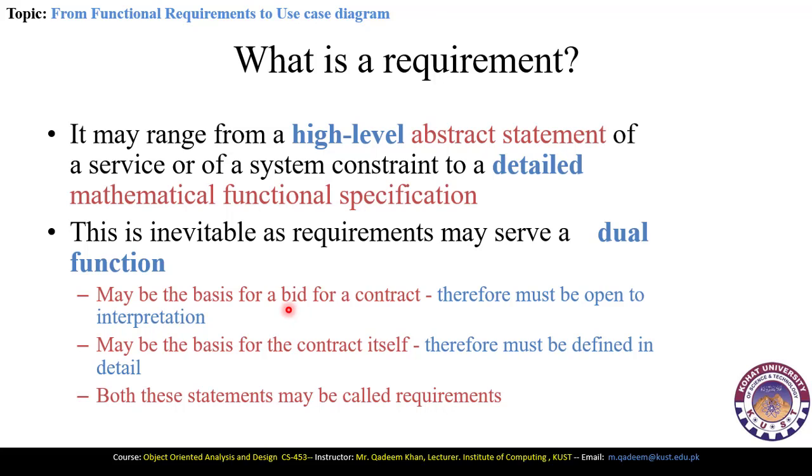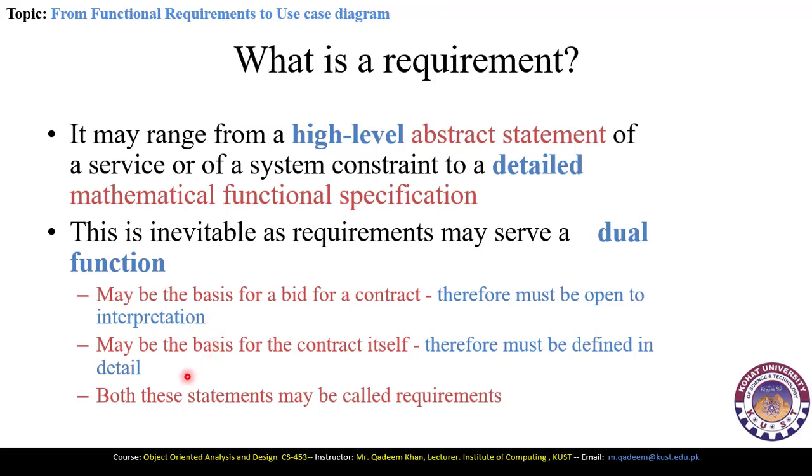So the contract for that project should also be of high cost. So that means we must keep the user requirements of the system open for interpretation, meaning that everyone should understand the requirements because they act as a bid for the contract.